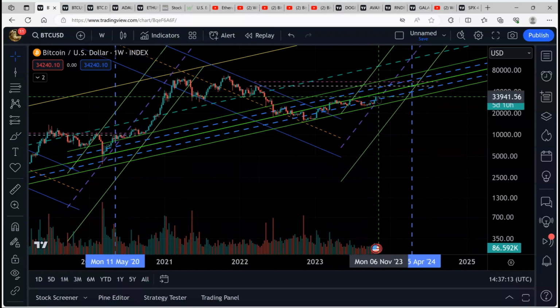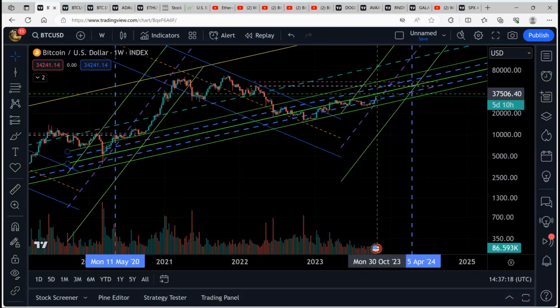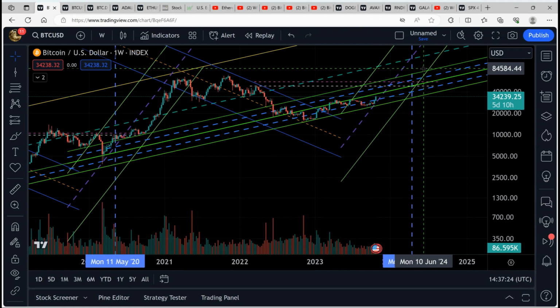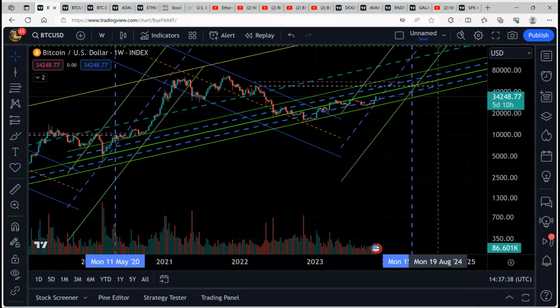So right here, I think we still continue up and sideways over here until about June, July. Sometime in June, July, from this point on, is where we will start our bull run.